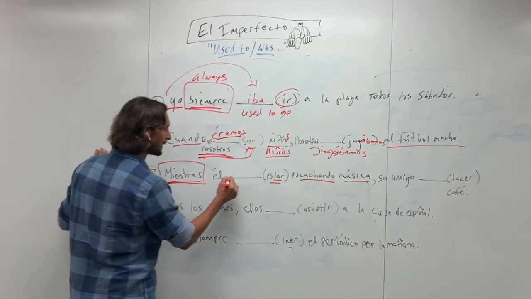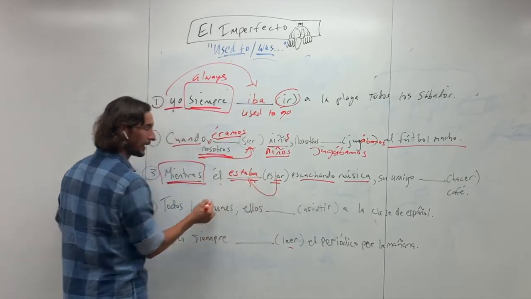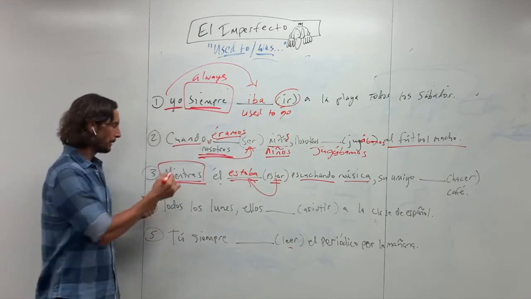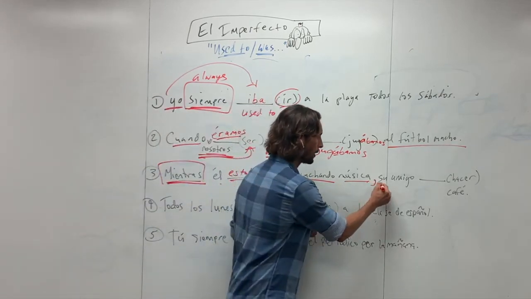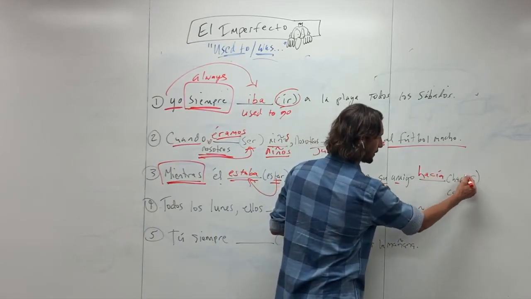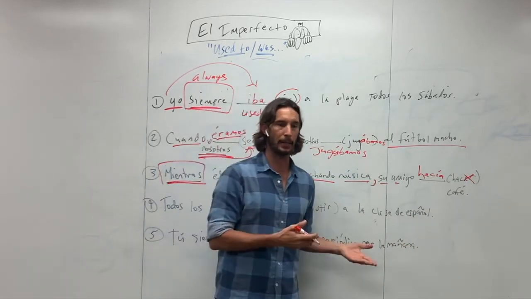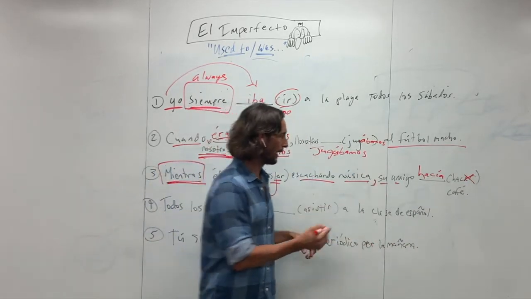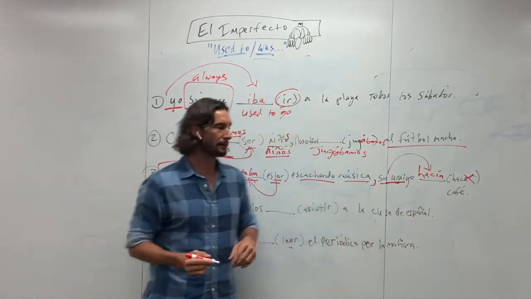So mientras él estaba, because we want estar in the imperfect tense. Mientras él estaba escuchando música, su amigo hacía café. We drop the ER and we add our appropriate conjugation. Hacer being an ER verb, and the subject being su amigo, so that's why we get hacía.